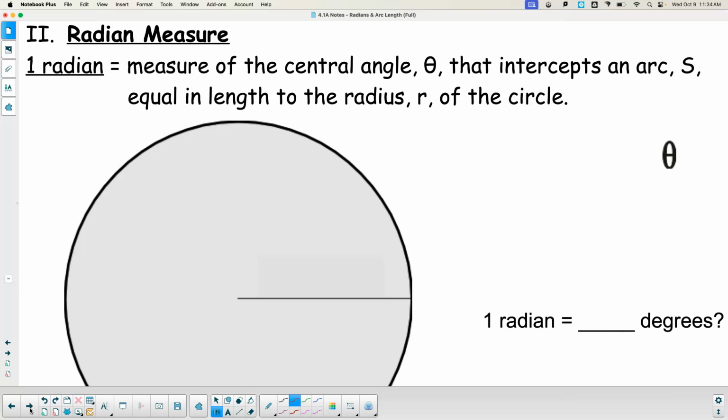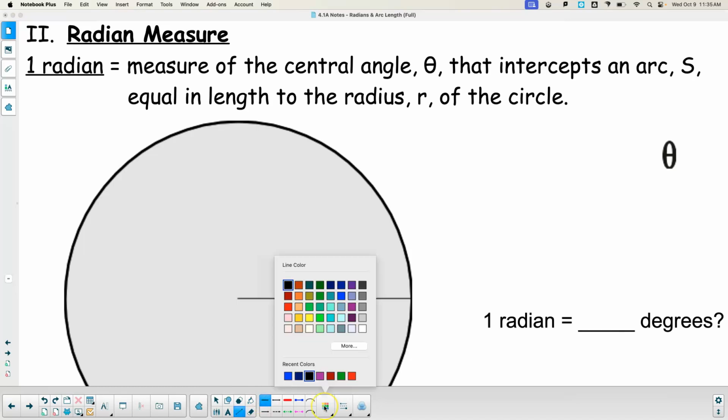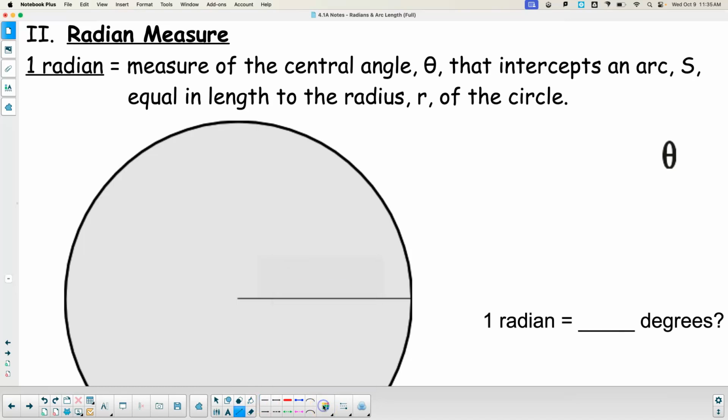Okay? So a radian is really a radius. A radian is what the measure of the central angle is to go 1 radius on the circle.